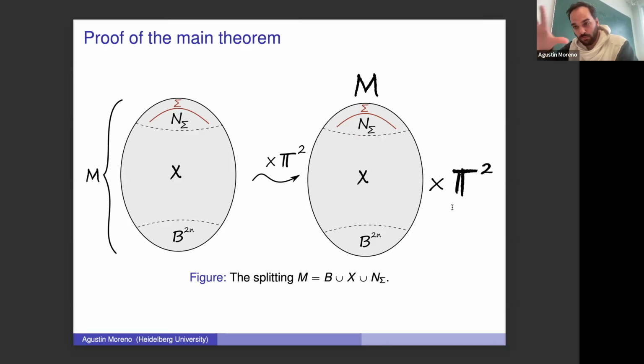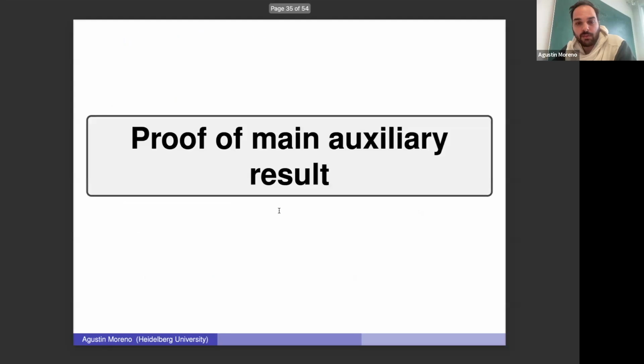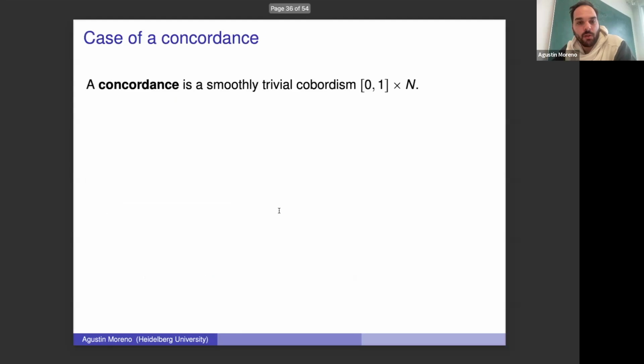Okay, so now everything reduces to understanding what happens on a cobordism. And that's what comes next. So this is how you prove the main auxiliary result. First of all, we will do the case of a concordance, right? So it will all reduce to a trivial smooth cobordism. A concordance for me is just a smoothly trivial cobordism, just a product of an interval times the manifold.